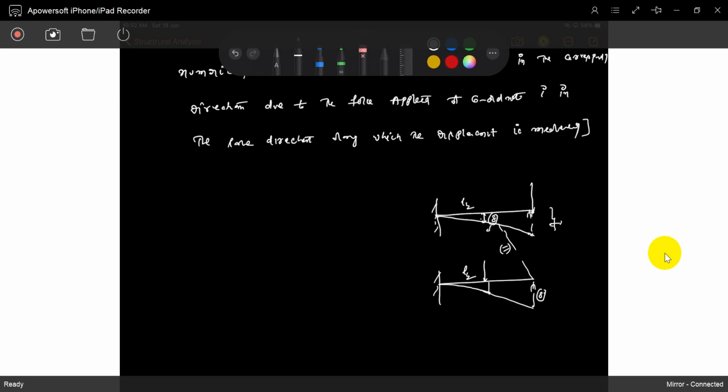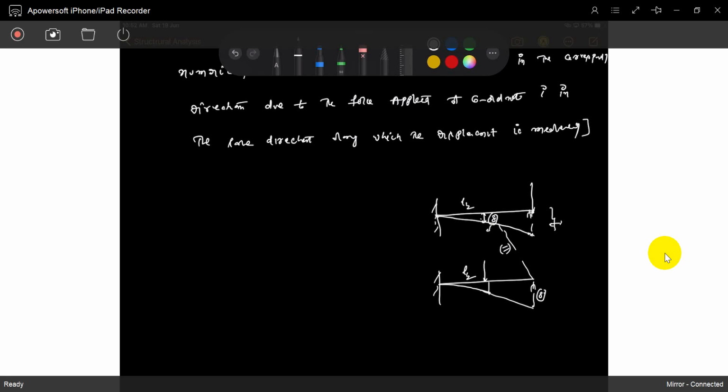So in structural analysis, keep in mind that there is no fixed formula or fixed procedure. You can solve every problem in so many types of ways. Whatever you feel is simple or easy, no problem at all.